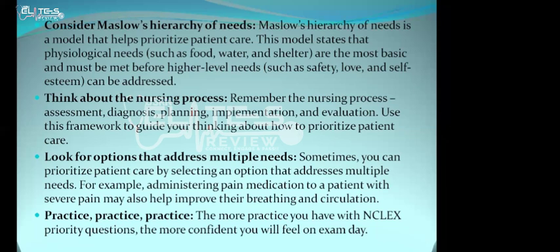If the patient is not alive, you can't do any other thing. So anything just to keep patients alive, or other patients also alive, we prioritize over any other thing. But if nothing has been described in the question that the patient is in imminent danger or danger to other patients or other staff, then you go in for physiological, if only there's an option there which speaks of it. So that is one clear way you can utilize Maslow's hierarchy of needs.